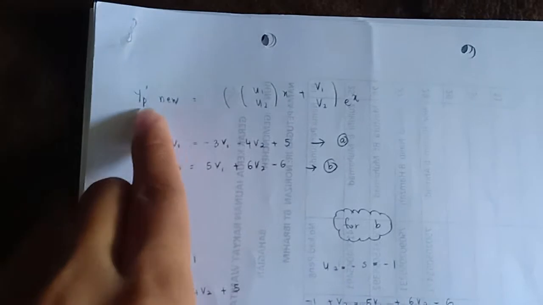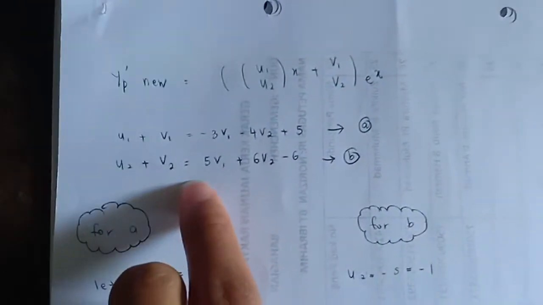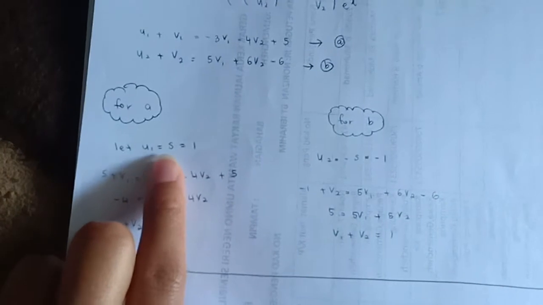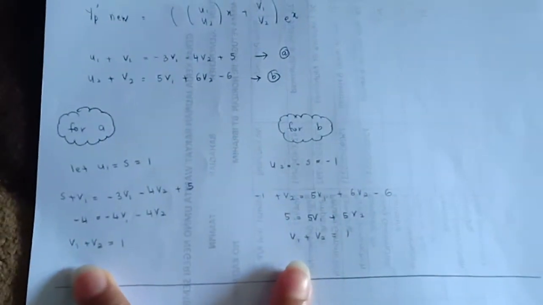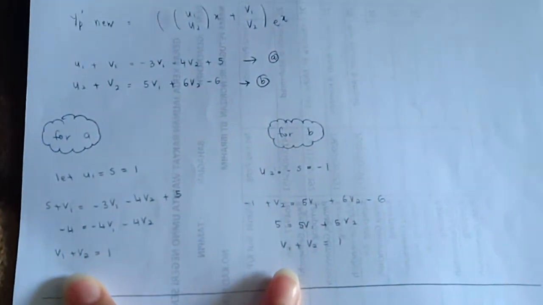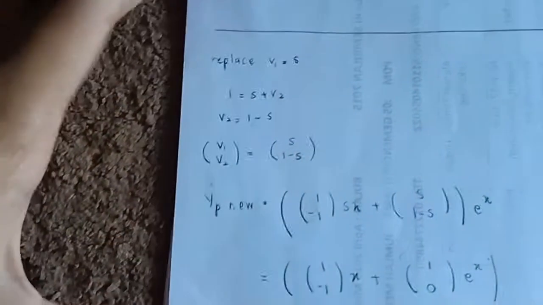Okay, our new yp is u1 u2 x plus v1 v2 ex. Okay, we just substitute u1 equal to s equal to 1 and u2 equal to negative s equal to negative 1 here, and we get the same equation, v1 plus v2 equal to 1, v2 plus v1 equal to 1.